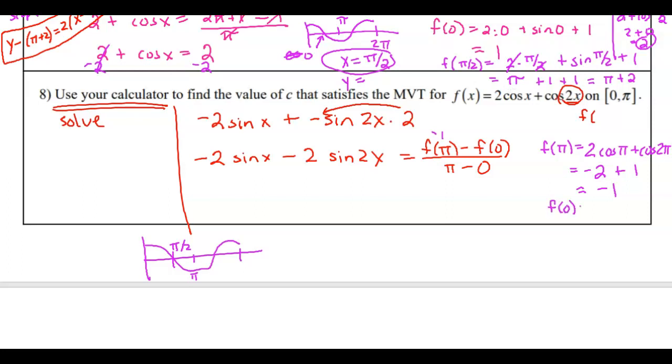F of 0 is 2 cosine of 0 plus cosine of 2 times 0 is 0. So the cosine of 0 is 1. So 2 plus 1 gives us 3. So we get negative 2 sine minus 2 sine equals, what is that? Negative 1 minus 3 is negative 4 over pi.